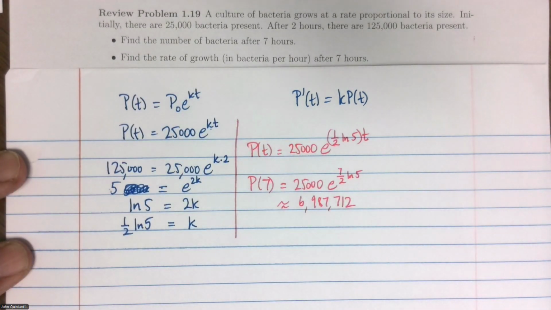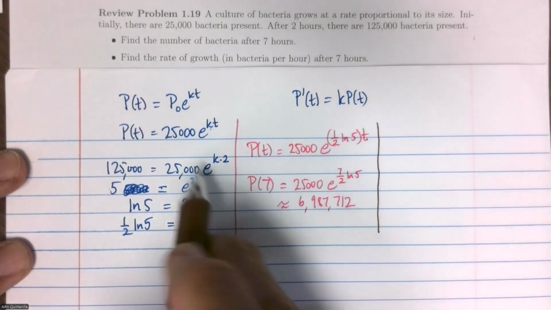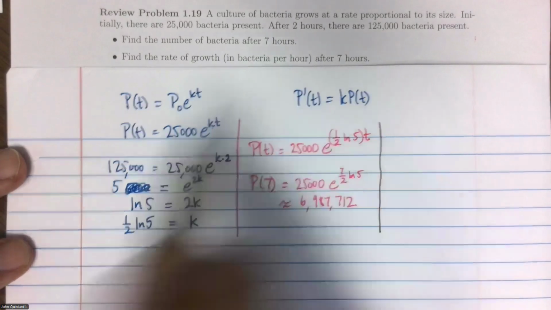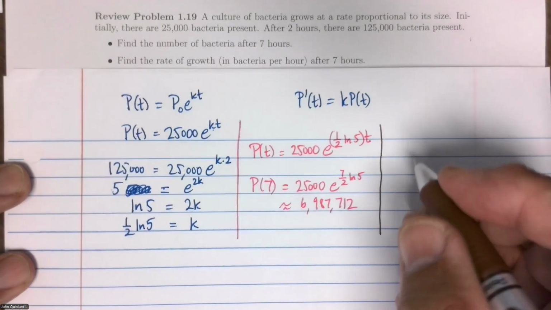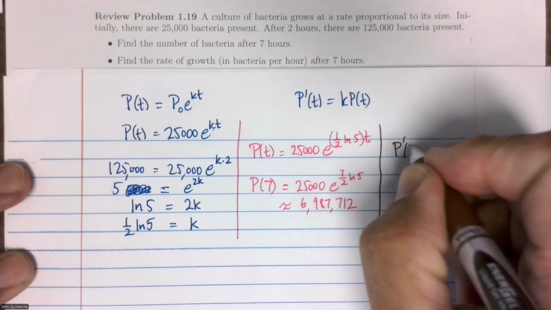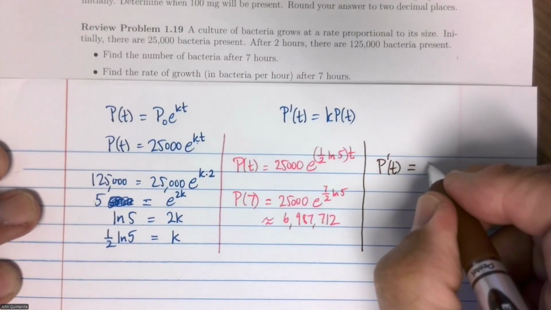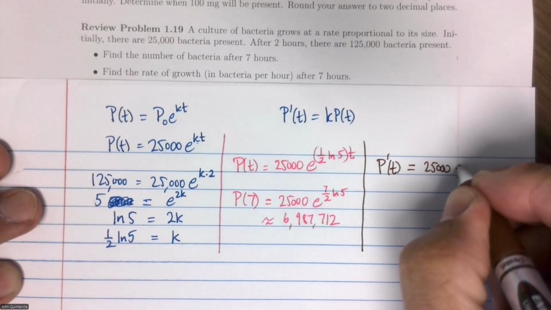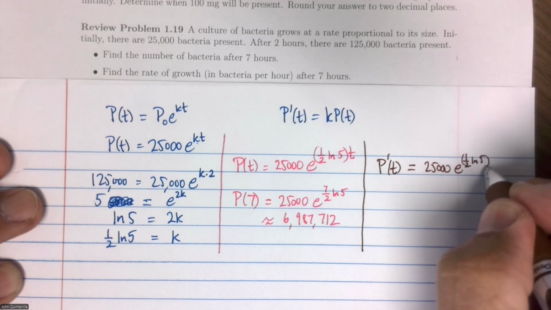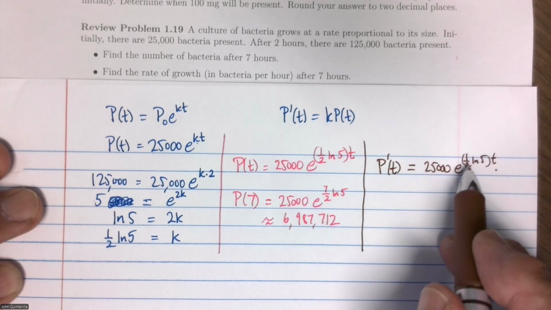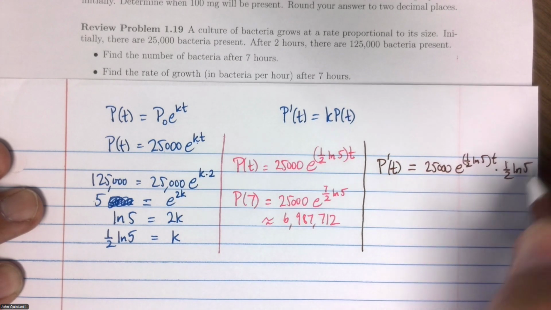Okay, part two of the question is to figure out the rate of growth of the bacteria after 7 hours. So there are two ways of going about doing this. First way is to calculate the derivative, P prime of T. The derivative of this function is going to be 25,000 times e to the 1/2 natural log of 5 to the T times the derivative of the inside, which is 1/2 times the natural log of 5.